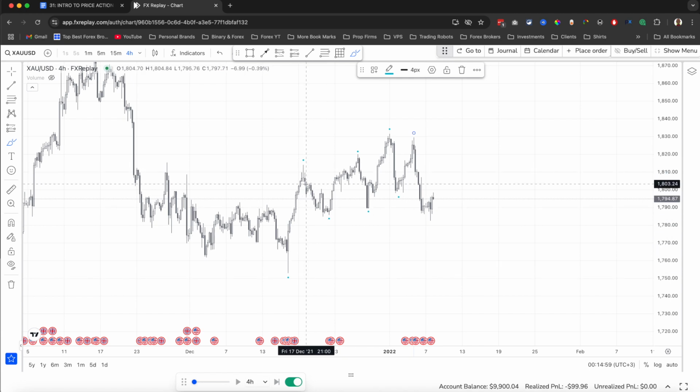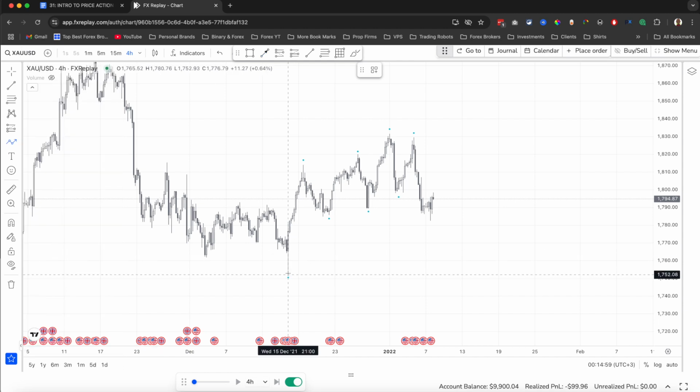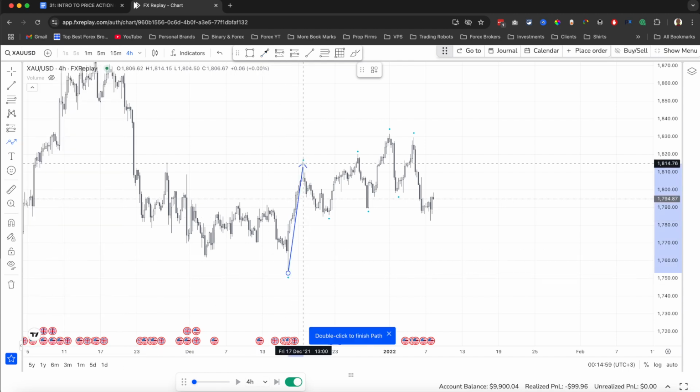Over here this was a trending line, and then it went down and up and down. So this was a trending market. Let me just mark that one. It went up, it went down, it went up.